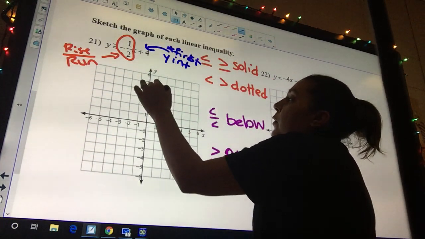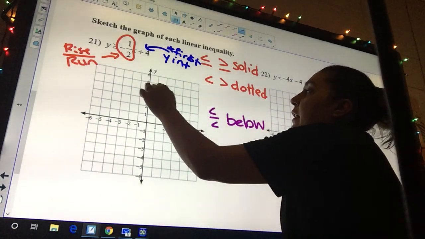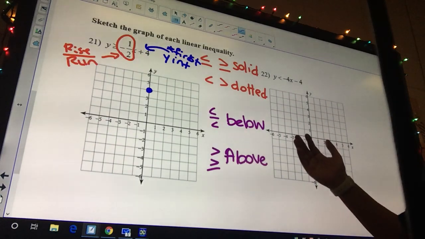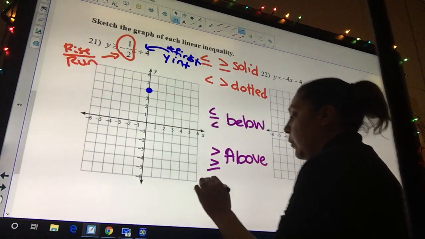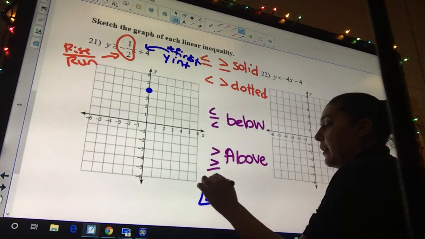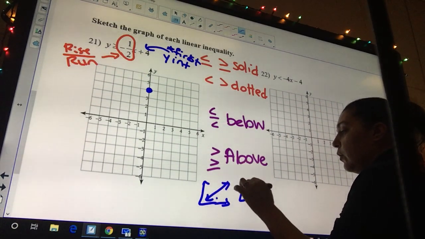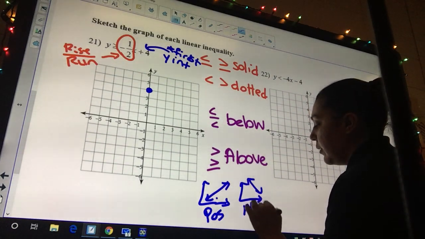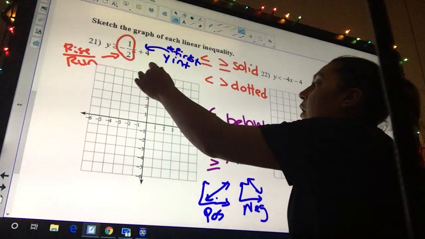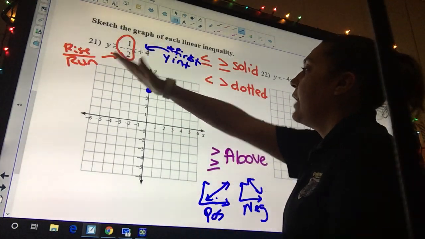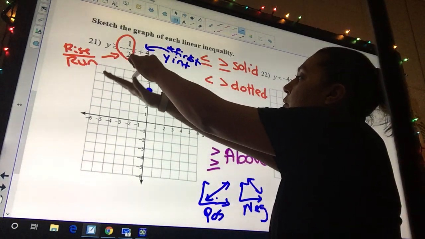So we go up to the 4, and then we can put a dot there. And then from there, we rise and run. So I got to go up 1 and over 2. And you will probably need this little chart if it's this way, or if it's this way. This one is going to be positive, and this one is going to be negative. So we know we need to go up 1, and I need my line to be negative. So I need my line to be going that way. So I'm going to go up 1 and over 2 this way.